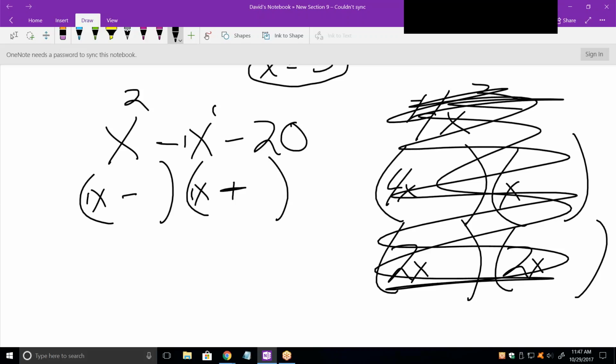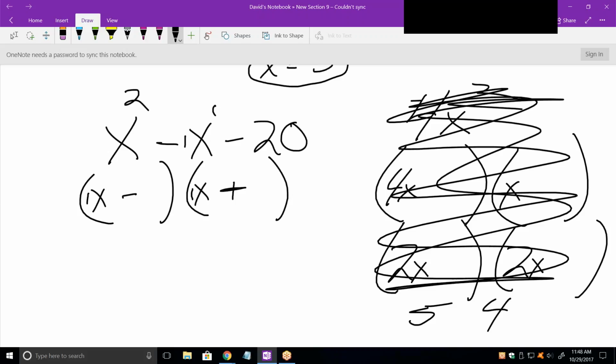What factors might that be? 5 and 4. Okay, and finally, what's the fourth step? The only reason there's a fourth step is because we have a negative sign in front of the 20. If that was a positive sign, there'd only be 3 steps. But to figure out which side to put the 5 and which side to put the 4, you need that fourth step.